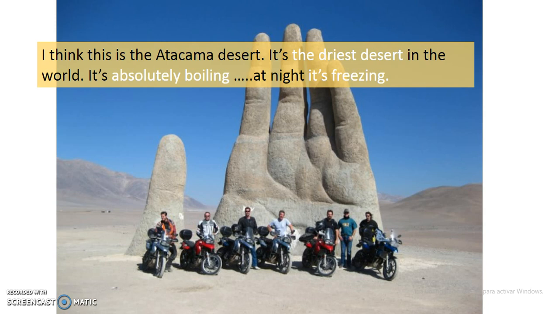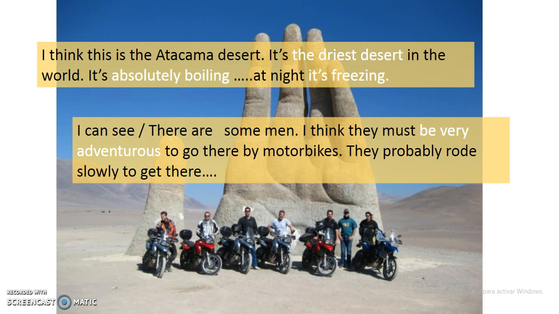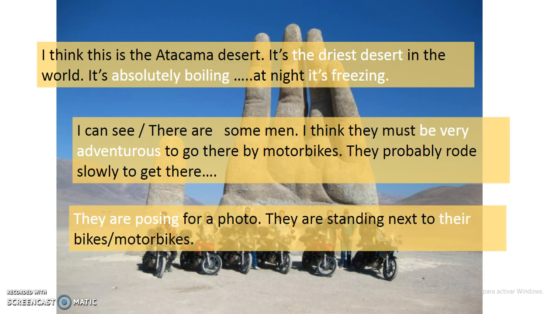It's absolutely boiling. At night it's freezing. I can see some men, or there are some men, I think they must be very adventurous to go there by motorbikes. They probably rode slowly to get there, etc., etc. They are posing for a photo. They're standing next to their bikes or motorbikes.